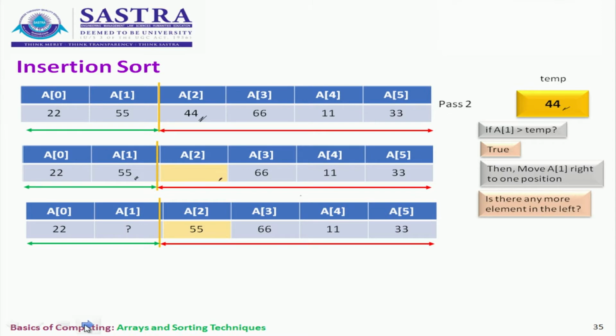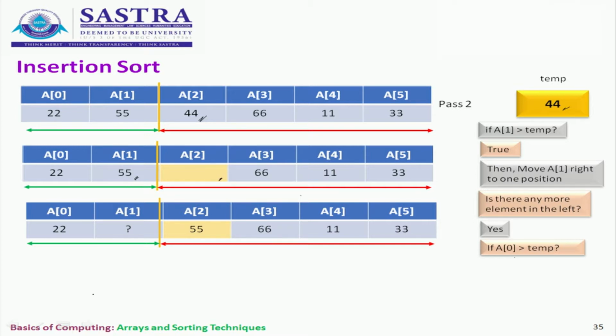Then, is there any more element in the left hand side? We have processed only a of 1. We still have a of 0, which is yet to be processed. So we have to compare a of 0 and temp. What is your a of 0? It is 22, and your temporary variable is 44.